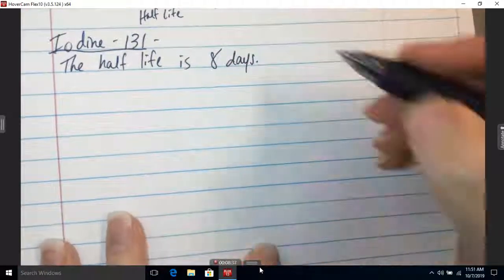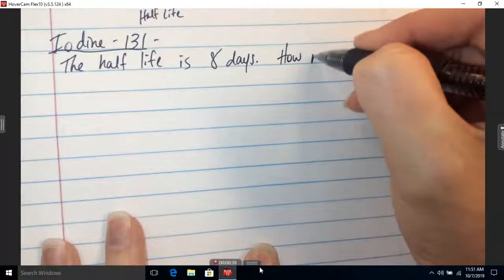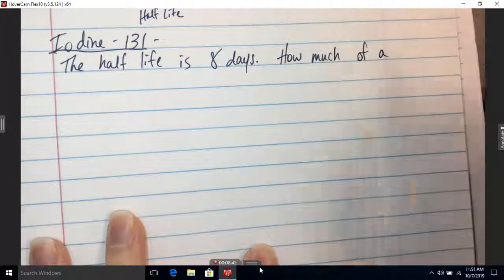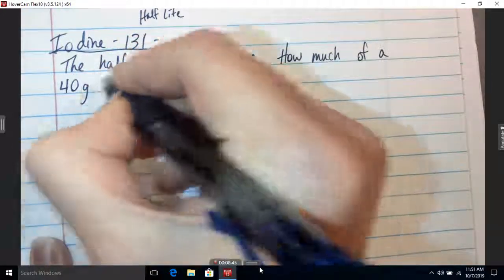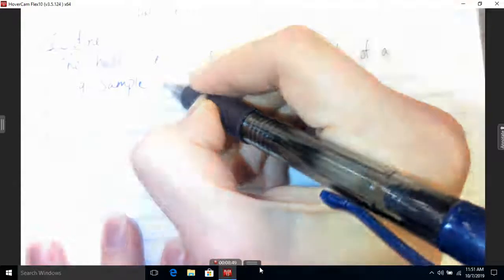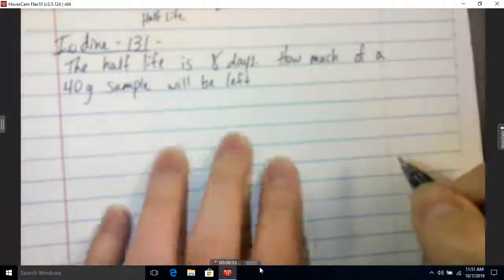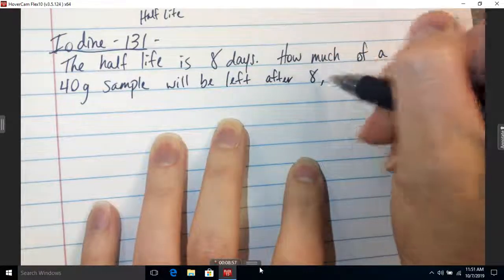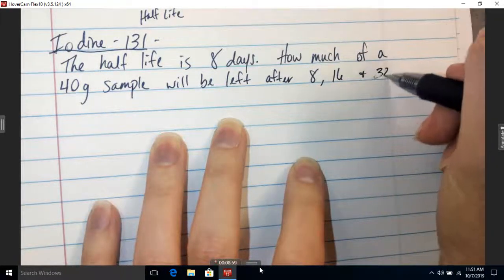Half-life is 8 days. How much of a 40-gram sample will be left after 8, 16, and 32 days?